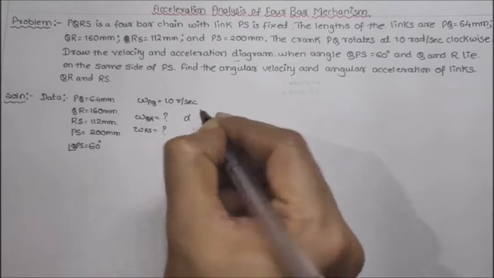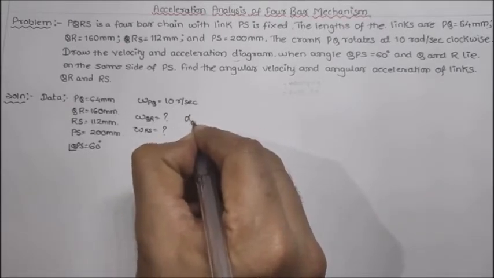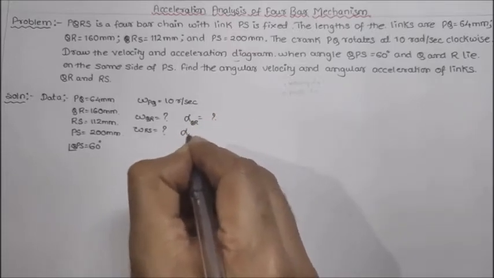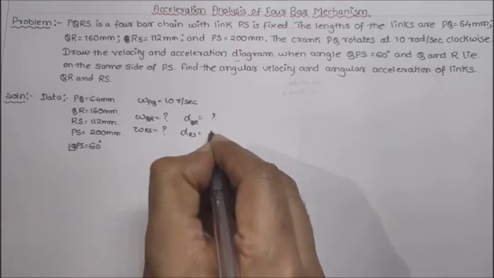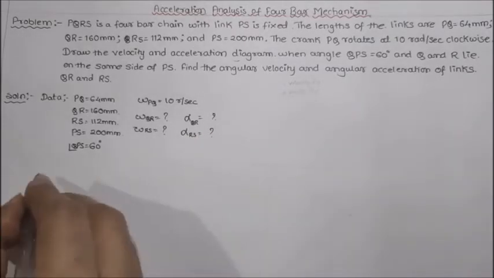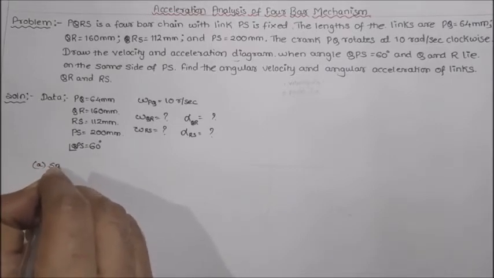The notation for this one will be alpha. So alpha QR question mark and alpha RS equal to question mark. So first we need to draw the space diagram.